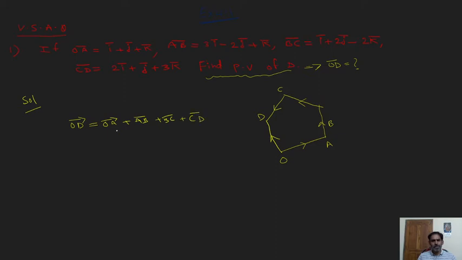First to last, observe, A and A coincide, B and B coincide, C and C coincide. Finally, the resultant vector is OD. So OD bar can be written like that. They are asking here to just add all these values.